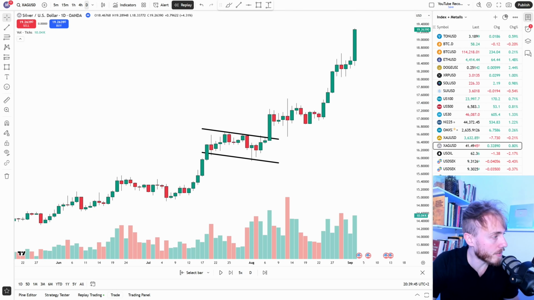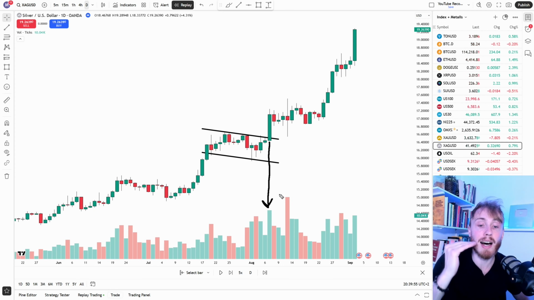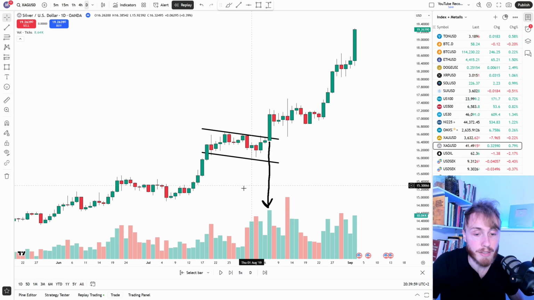And then you want to check the volume on the breakout candle. So we look at the green candle right here. We go down here to the volume bar. And by the way, the height of the bars determines how much volume we have. If you want to know the exact volume, you can hover over the bar and you will see the volume up right here in this corner.